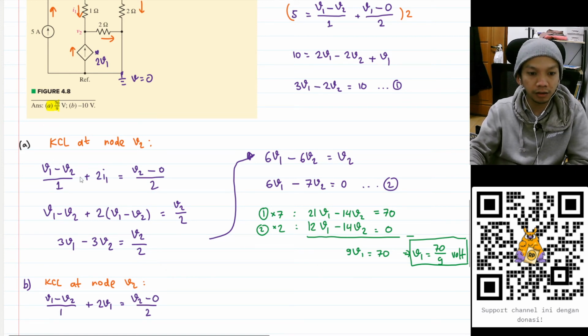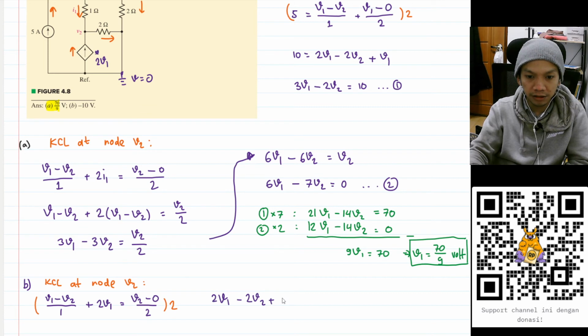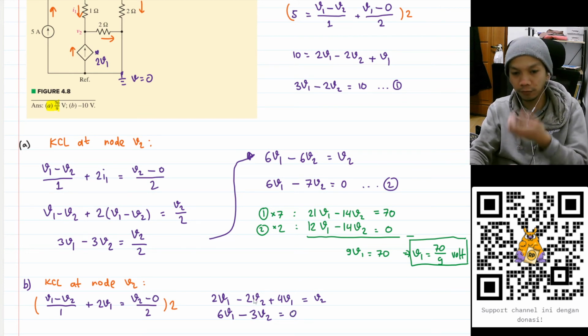Okay, I think we can just directly multiply both sides by 2. So I will have 2V1 minus 2V2 plus 4V1, and that will equal V2. So I'll have 6V1 minus 3V2 is equal to 0, because all is moved to the left hand side.